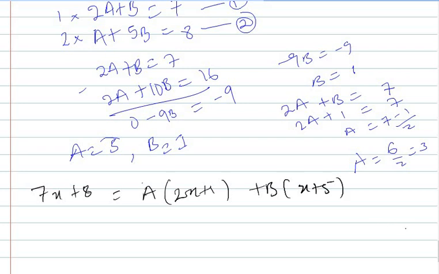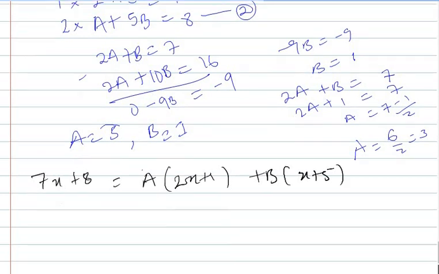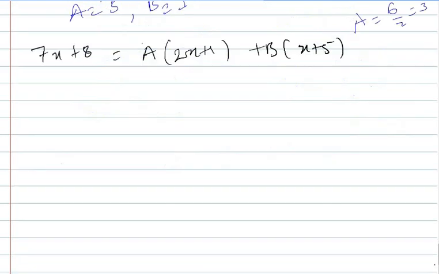What I'm trying to show you now is the simplest method, and the best one. No need to compare and then open the bracket. From here you have two unknowns, and there's no way to find them at a time. So you try to find the value of x in such a way that one of the unknowns, either B or A, goes to 0.